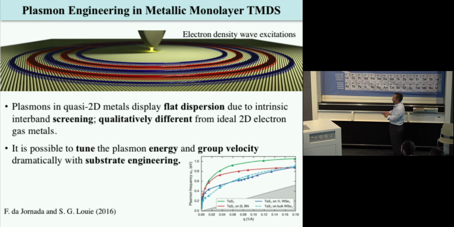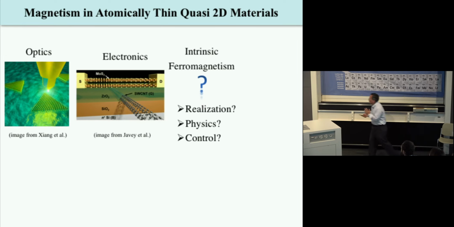Here is a result we have looking at the plasmon of tantalum diselenide, isolated and on different substrates, for example a monolayer of tungsten diselenide, two layers, or boron nitride. You see that you can modify the dispersion and energy of the plasmon by as much as 20 to 30%. So this effect is very large and can have significant and interesting applications.